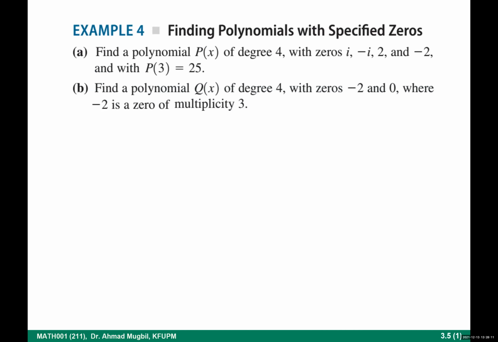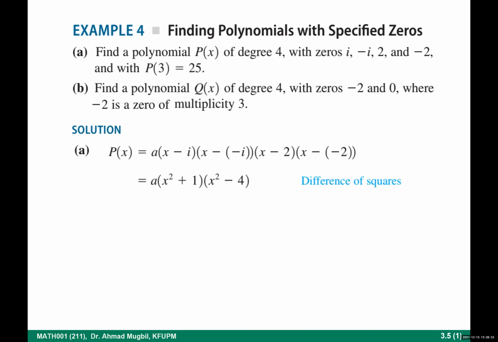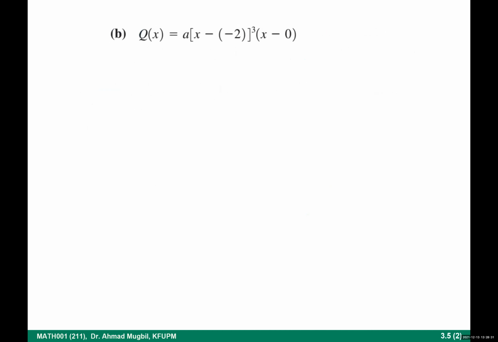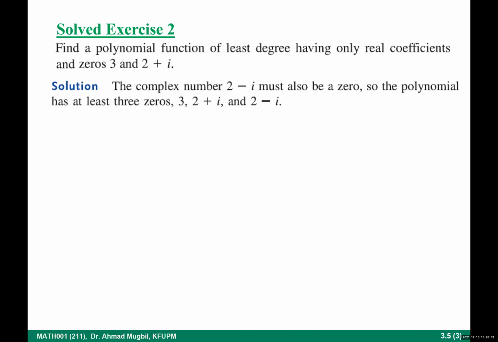What we did? x minus i, x plus i, x minus the zeros. So we have 4 zeros, we have 4 factors. So at least we have a polynomial of degree 4. So it will be like this. What is A here? It is coming from the complete factorization theorem, the leading coefficient.